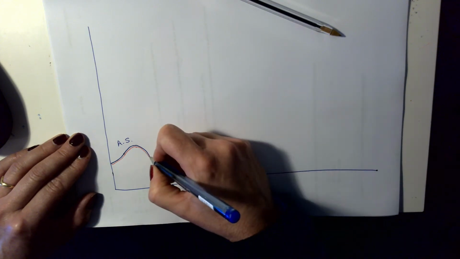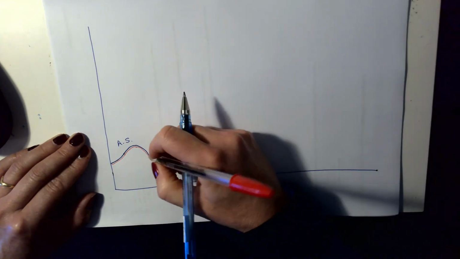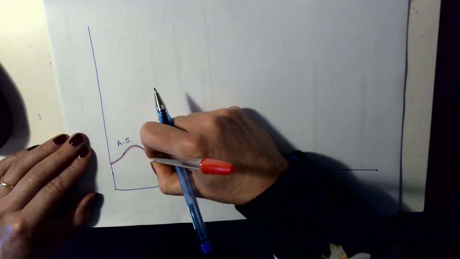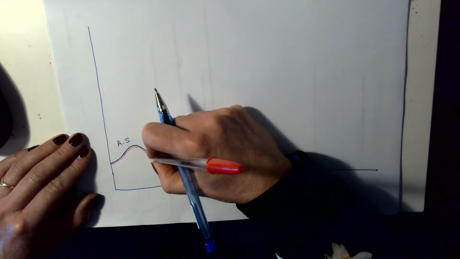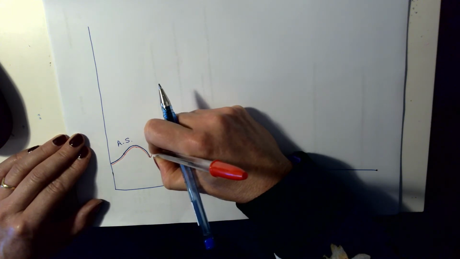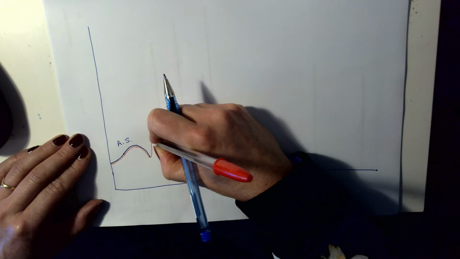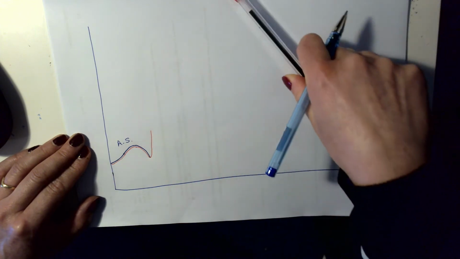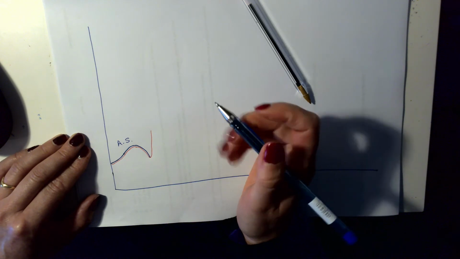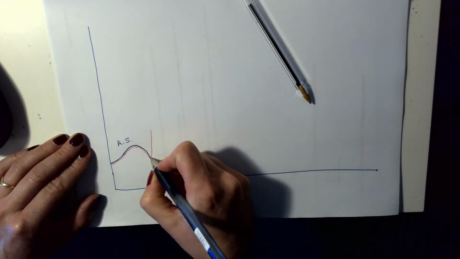The ventricle walls will now, we're using red for ventricles, so the red pen is going to show us the pressure changes in the ventricle. Ventricular systole will now occur, so those ventricle walls will contract. As blood moves out of the ventricle, it will push back on the atrial wall and close the atrioventricular valve.